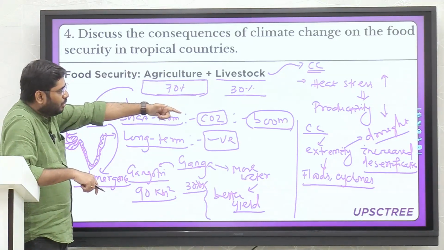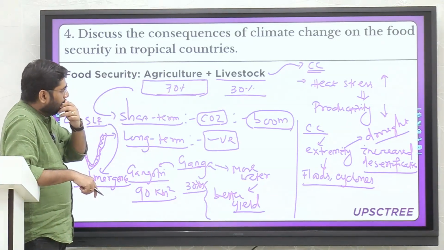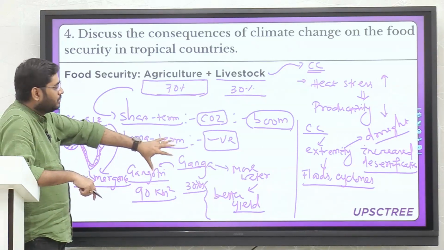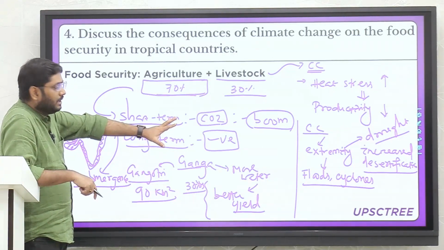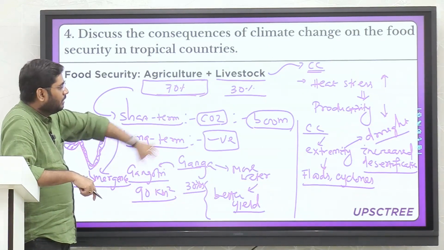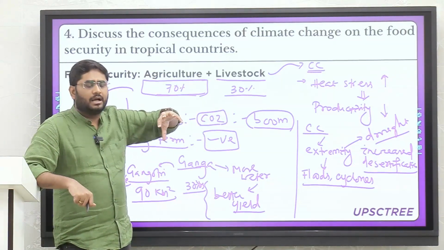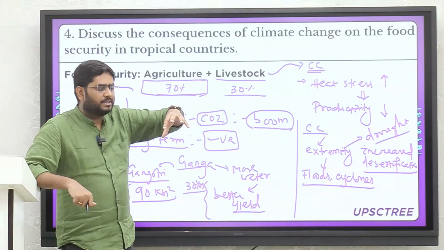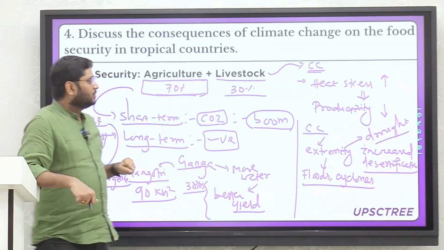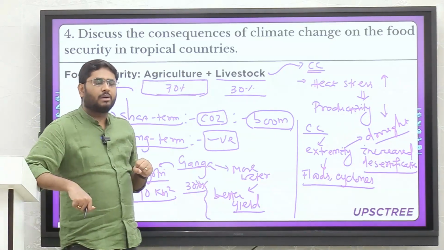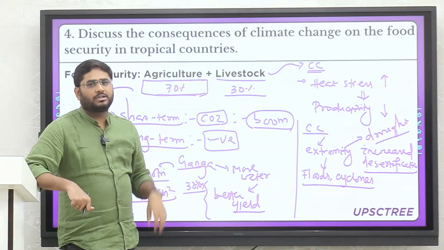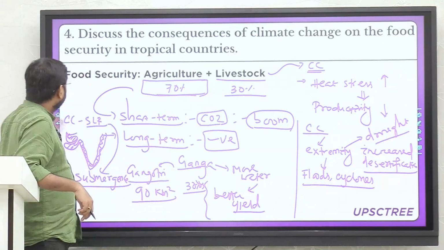We have more drought areas, and we'll see floods and cyclones which are destroying a lot of food or cultivated area. So the cultivable area eventually, because of climate change, will decrease. So there will be great stress on our food production systems, no doubt about it.